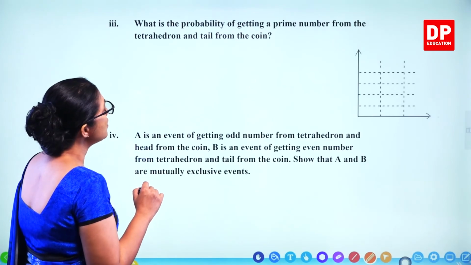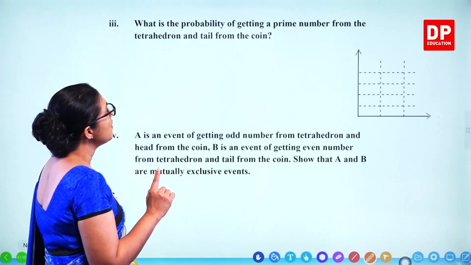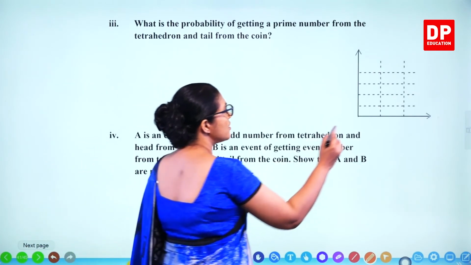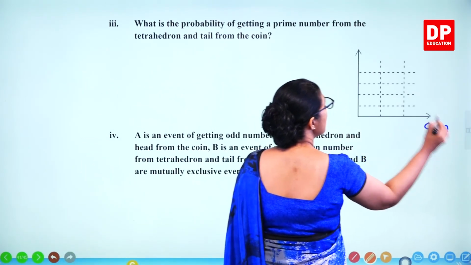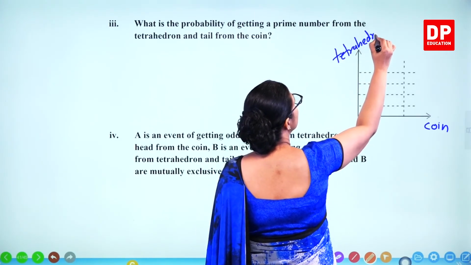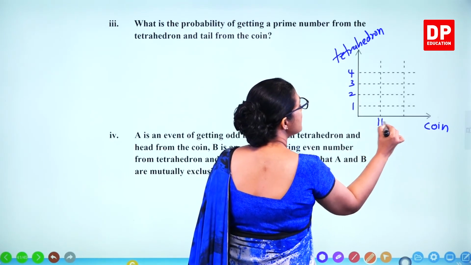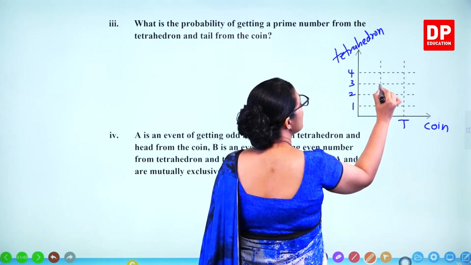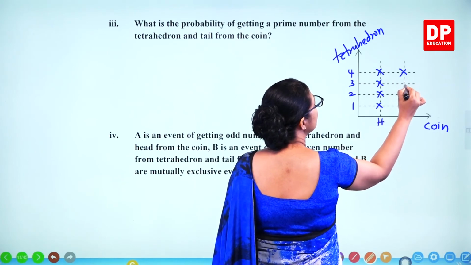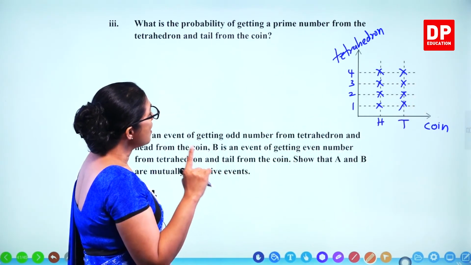What is the probability of getting a prime number from the tetrahedron and tail from the coin? So I'll quickly draw this again. 1, 2, 3, 4, heads, tail. These are the possibilities. Now they're asking for a prime number.